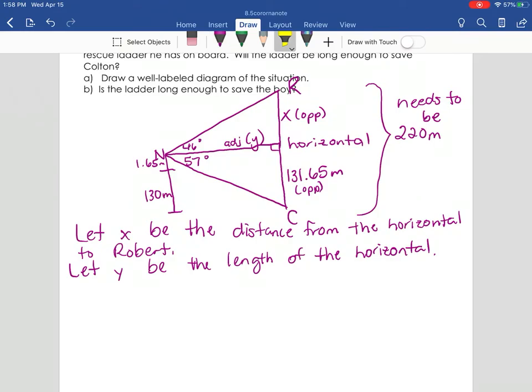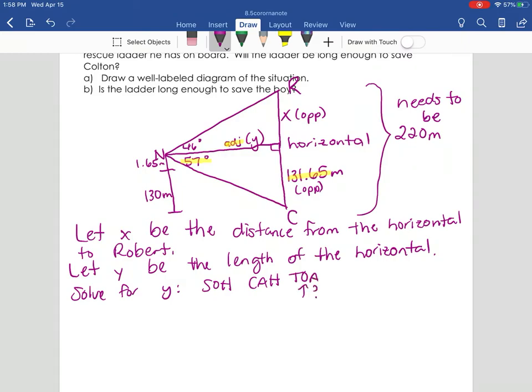So if you look at 57 here, this is the opposite side, and we are solving for the adjacent side. So that means that we have the angle, and here, let's write it out just like we did before.